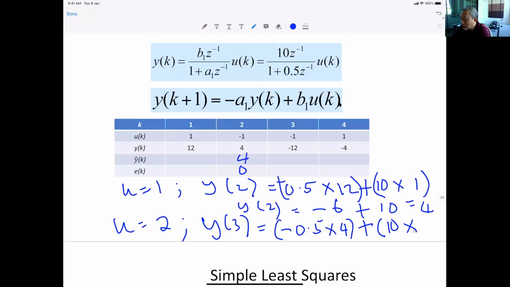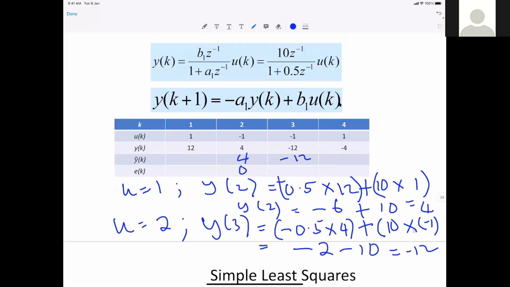U2 is minus 1. So what is the value here? Negative 2, negative 10, negative 12, negative 2. Then the error is still 0.